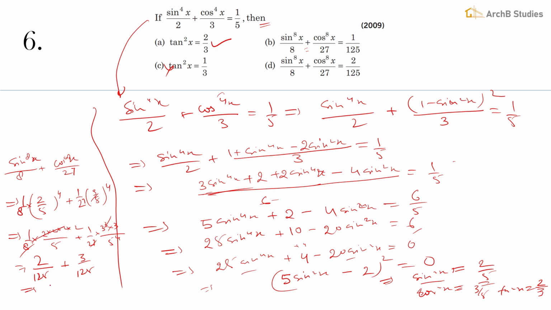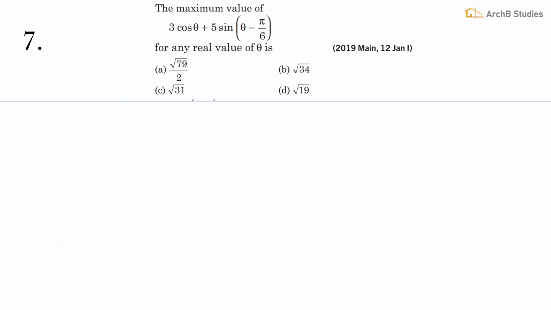This will be 5 upon 125, which is equal to 1 upon 25, sorry, 125 into 5 will be cancelled and this will become 1 upon 25. So I think this is also right. This is wrong. So these two options are right.